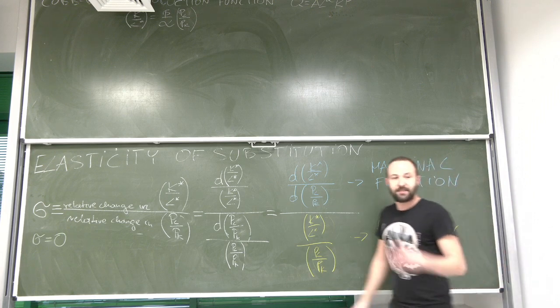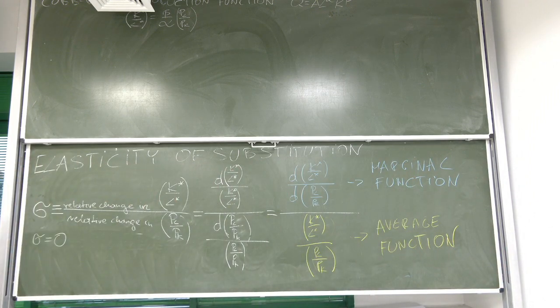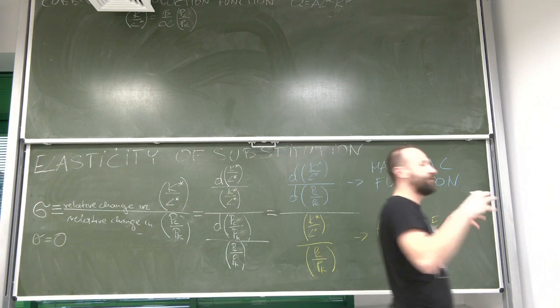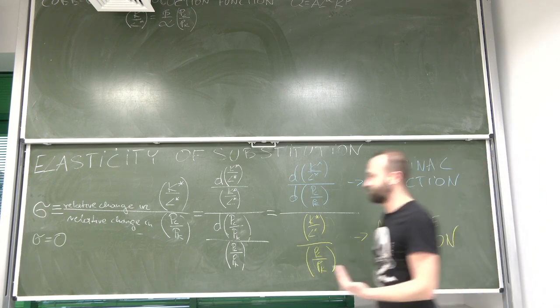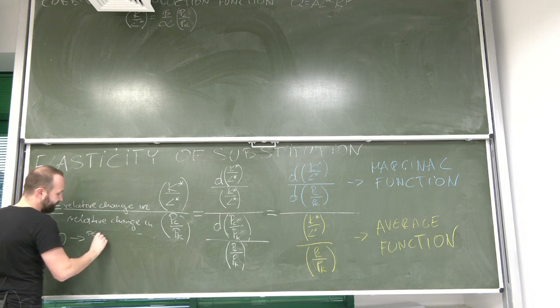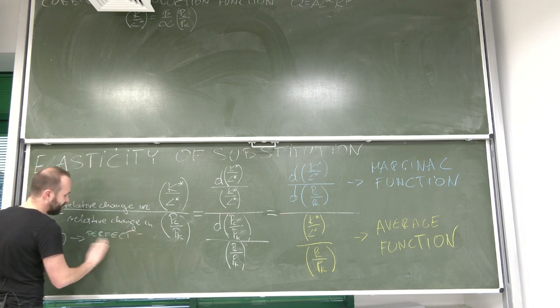This means that the two inputs are perfect complements. They need to always be combined at the specific ratio, so an increase in the price of one of the factors is not going to affect this ratio whatsoever. So in this case, we will have perfect complements.